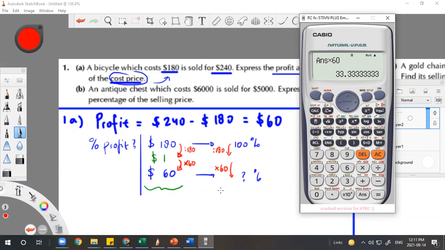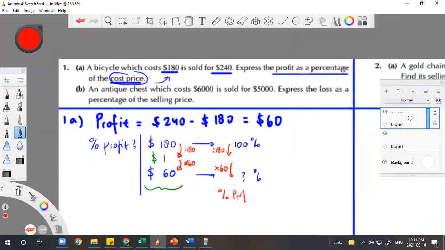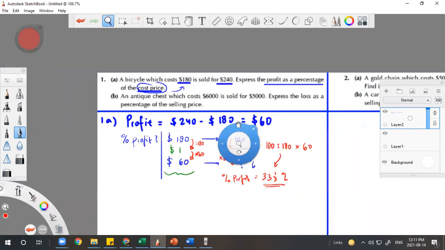Remember, this will be your answer. Percent profit will be 33 1/3%, because you do 100 divided by 180 and multiply by 60. You'll get this as a percentage. So they gain a profit of 33 1/3%, right?